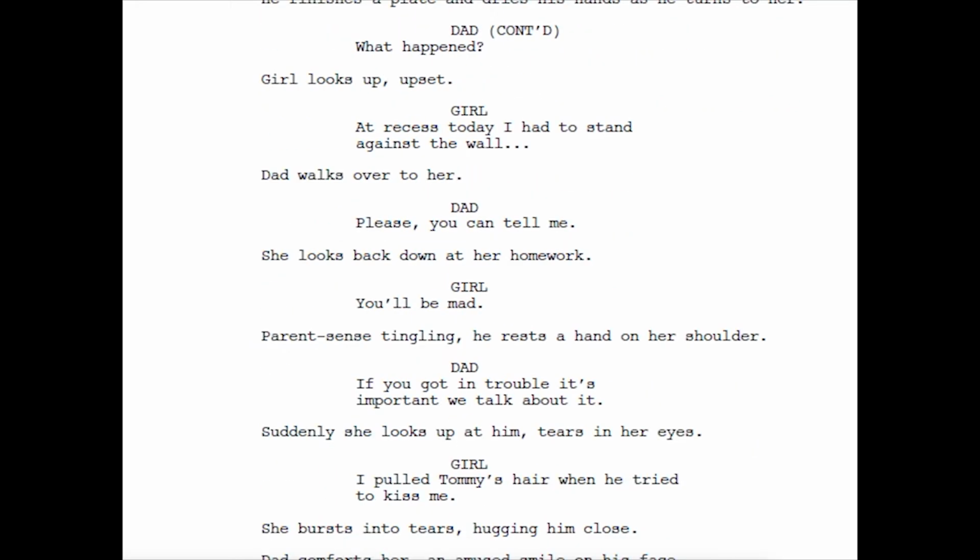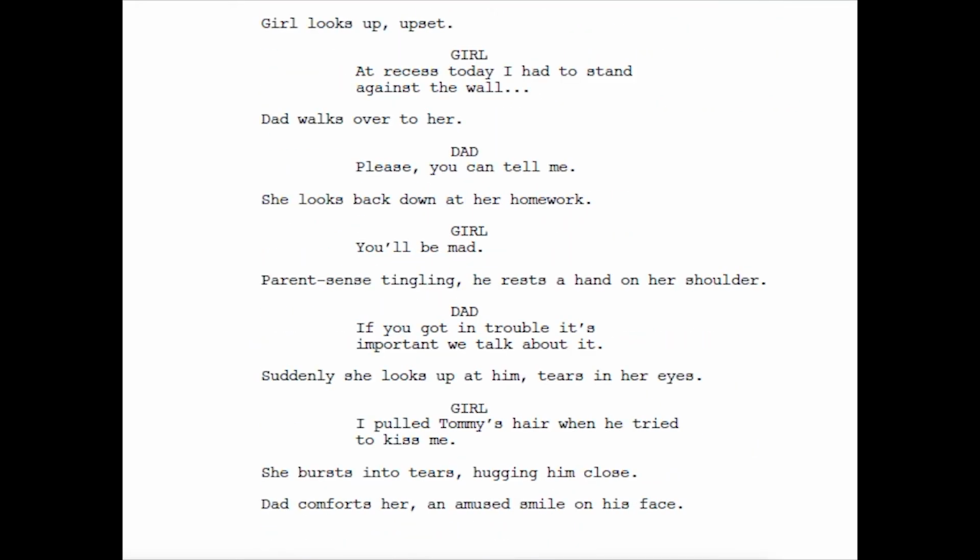Dad walks over to her. Please, you can tell me. She looks back down at her homework. You'll be mad. Parent sense tingling. He rests a hand on her shoulder. If you got in trouble, it's important we talk about it. Suddenly, she looks up at him, tears in her eyes. I pulled Tommy's hair when he tried to kiss me. She bursts into tears, hugging him close. Dad comforts her, an amused smile on his face.